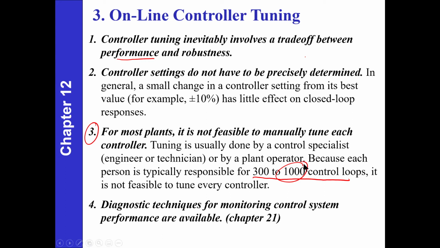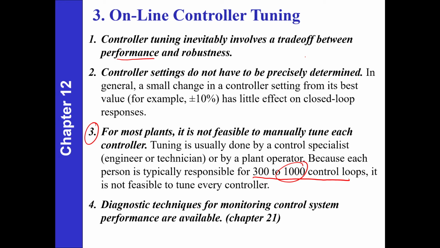So this is to answer because some of you asked me how to tune the controller manually. Basically, people don't tune each controller manually. It would take years, because if you have 1000 control loops, you have 1000 controllers, and each controller has KC, tau I, and tau D, meaning you have 3000 values to find.